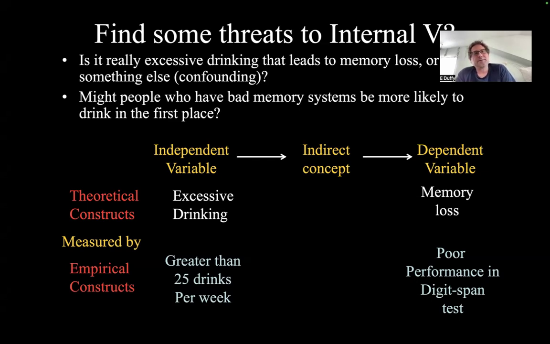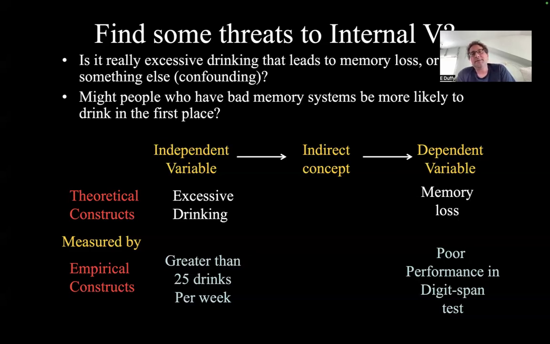And the other thing is that people who have bad memory systems might be more likely to drink in the first place. Just think about this: maybe people drink too much because they forget how many drinks they had. And so it's not that the alcohol is causing bad memory systems. It's more that having a bad memory leads them to drink more than they ought to.